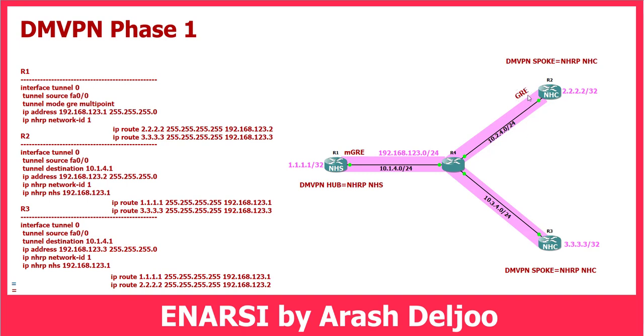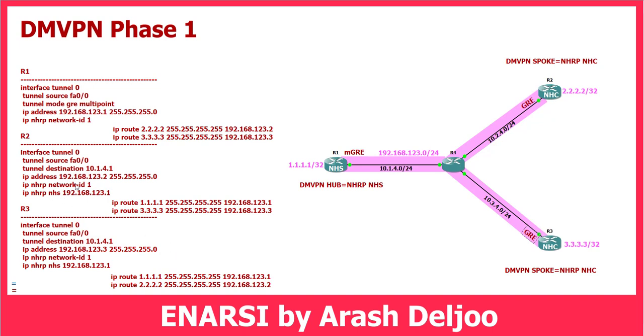This is for R2, and also for router 3. Then we should configure an IP address on each of these two tunnels. Here on router 2 we have configured 192.168.123.2 with mask 255.255.255.0, and on router 3's tunnel interface we have configured 192.168.123.3 with mask 255.255.255.0 as the IP address.